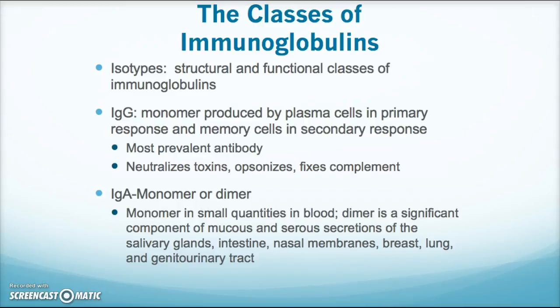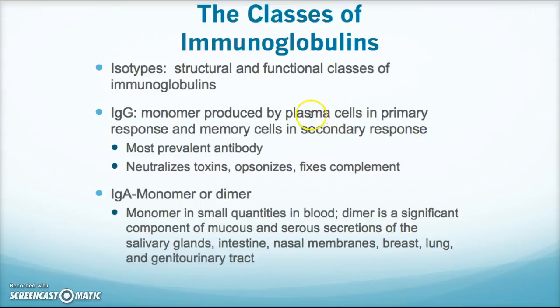We have different classes of immunoglobulins, so different classes of these antibodies. They're considered isotypes, which means that there are structural and functional classes within the whole overarching term of immunoglobulins. So we can have IgGs, and these are monomers that are produced by plasma cells. And they're the primary response and memory cells in that secondary response.